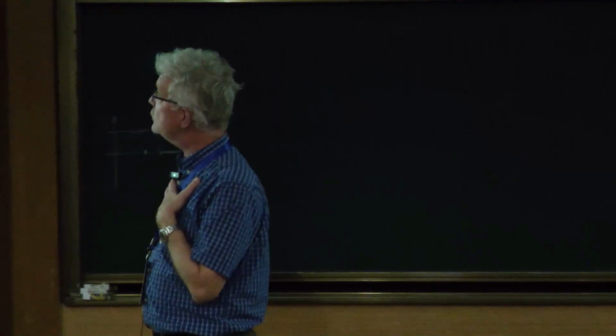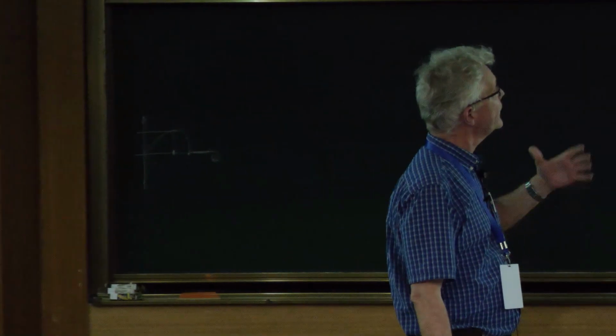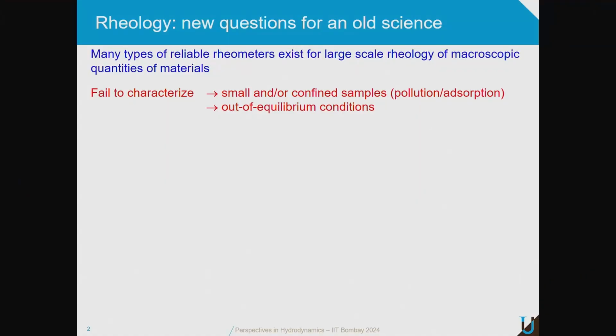But what we know is that, of course, we use rheometers and so on, but these systems mainly fail when we have very tiny systems. I'm thinking typically of biological liquids, and when we want to work in confinement with very small quantities, and when we are looking for out of equilibrium situations.